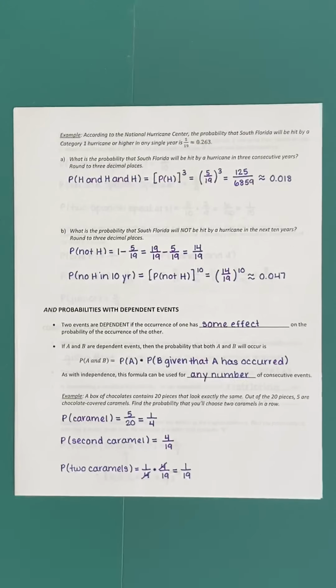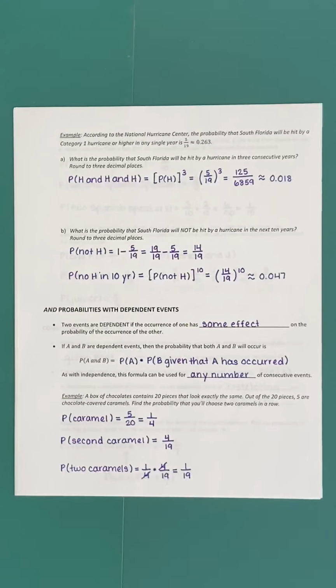Well, think about the situation described. We've got a finite box of chocolates. The box only has 20 pieces in it. Why are the 2 draws dependent? Well, think about what's happening. The first time you draw, you're pulling out a candy, and in this case, we're looking at the first draw being a chocolate covered caramel. So we draw a caramel out of the box. That's the event that occurs first. Why does that affect the next event?